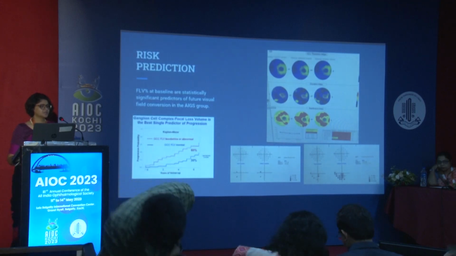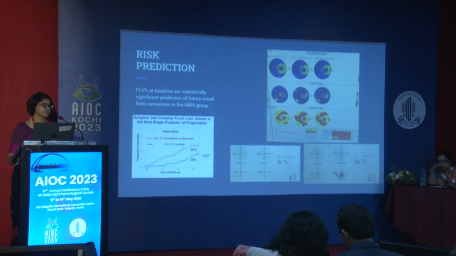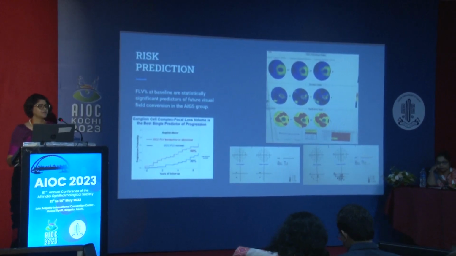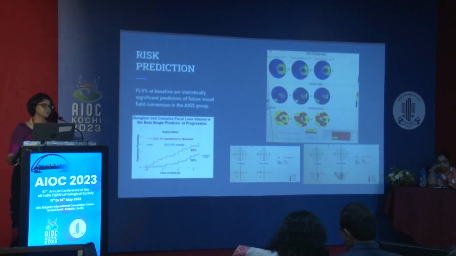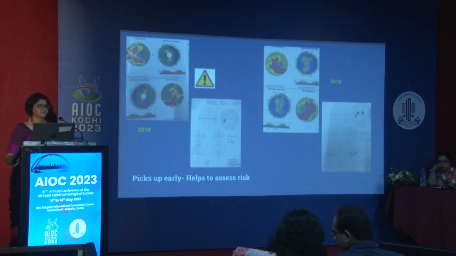So GLV is an early sign for glaucoma, and FLV would be useful to detect who are going to likely progress. And of course, look at the pattern of the GCC, look at associated optic disc changes, correlate everything, look for even cluster field effects to get a better predictability, you can say.